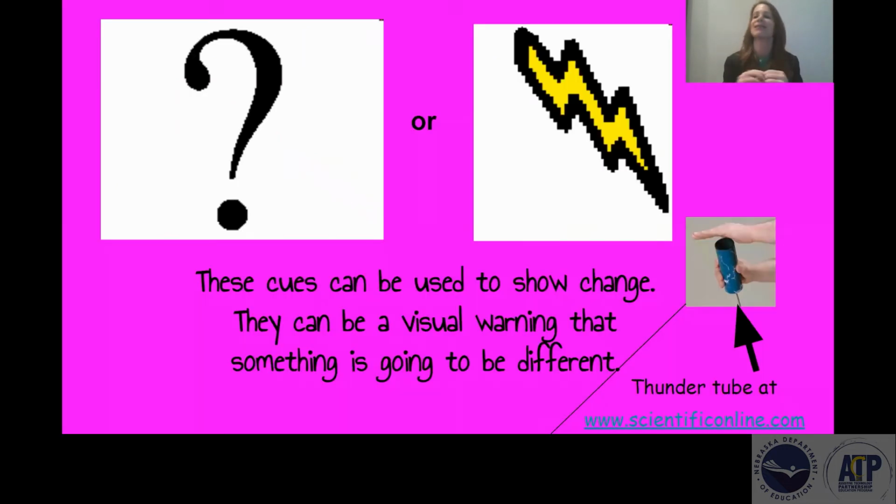I also like to have some indicator at the top of the schedule, or on my paper schedule, that is that red flag. Maybe it is a red flag. Ooh, I like that. Some indicator to say, ding, ding, ding, check your schedule because there's a change. So let's say you did use the red flag or the lightning bolt or a question mark.